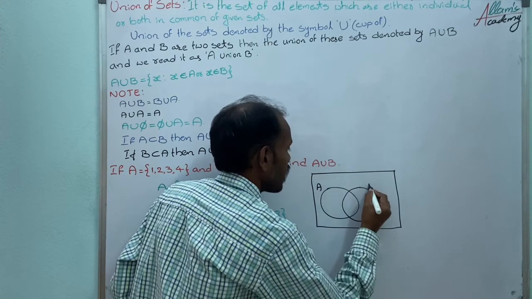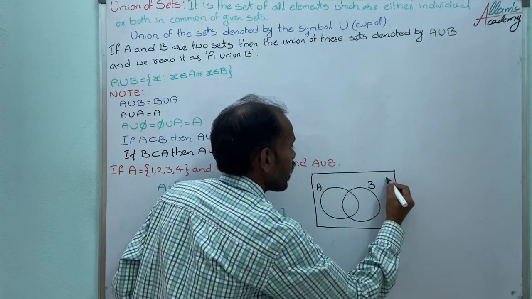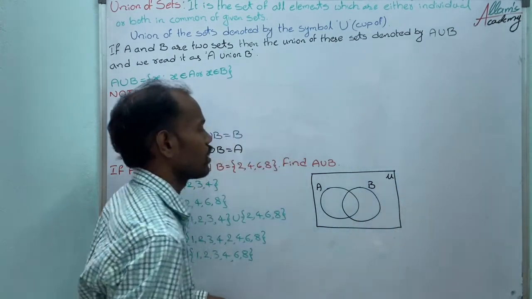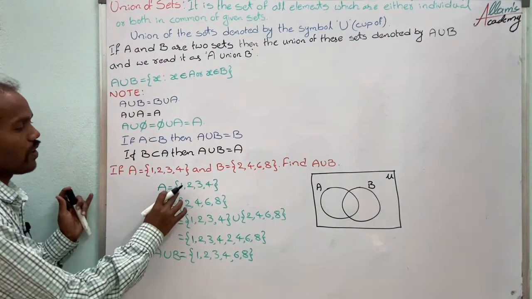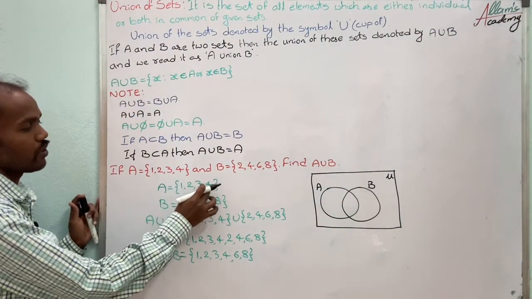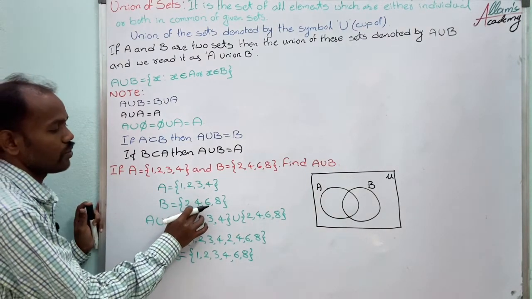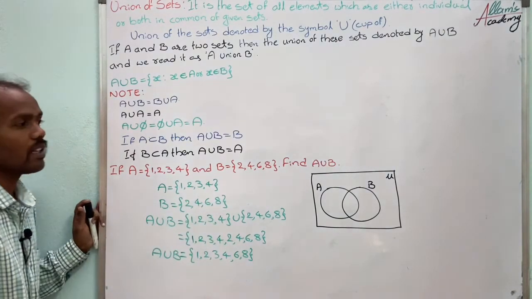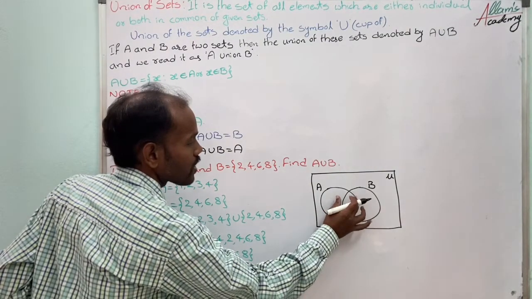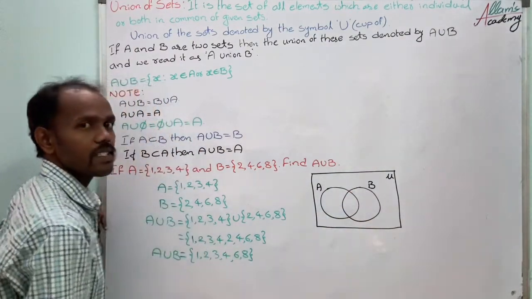Here we have the set A, the set B, and the universal set mu. Now the first set contains the elements 1, 2, 3, 4, and the second set contains the elements 2, 4, 6, 8. Now both circles are joined in some space.